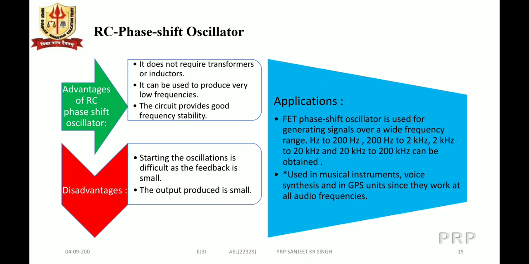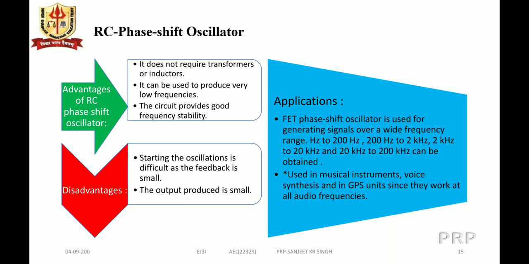The disadvantage is that starting the oscillations is difficult. It is difficult to start the oscillations as the feedback is small, since we are not providing any external sine wave signal for amplification, but the feedback circuit itself is generating the noise or a small signal, and that is amplified.